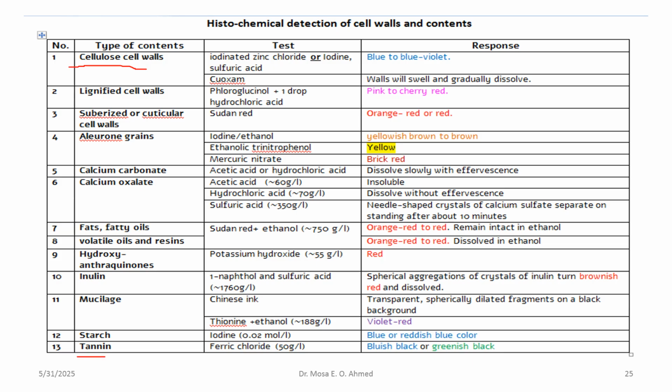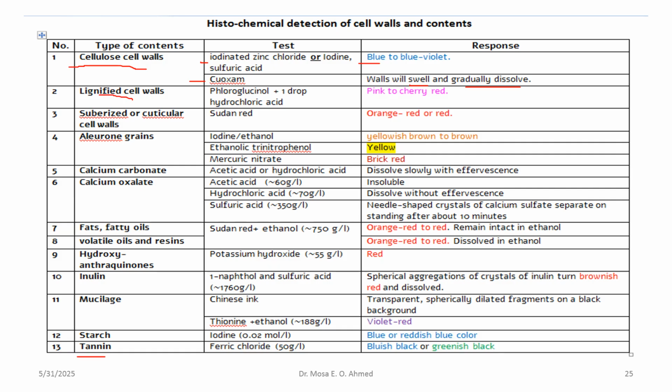Cellulose can be stained by using two tests, either iodine zinc chloride or the sulfuric acid test, which gives a blue to white stain, or by using the cuoxam test, where the cell wall containing cellulose swells and gradually dissolves as time goes on.